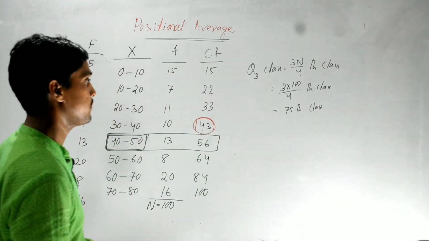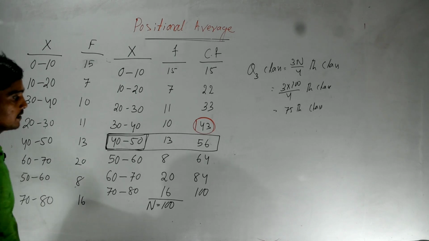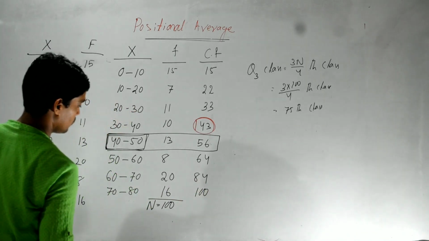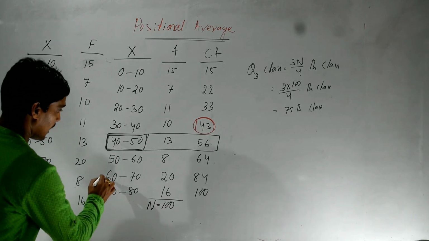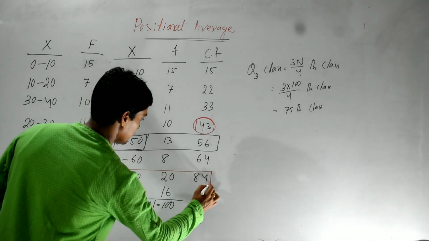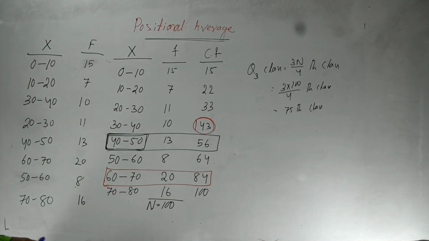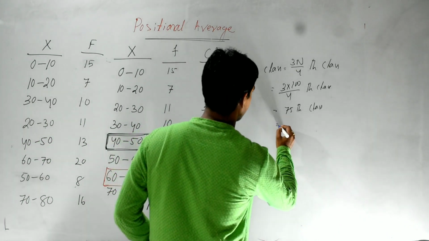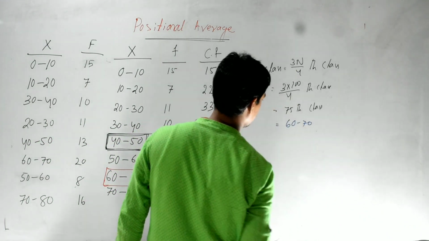So our 75 lies inside 84. So our Q3 class is 60 to 70.